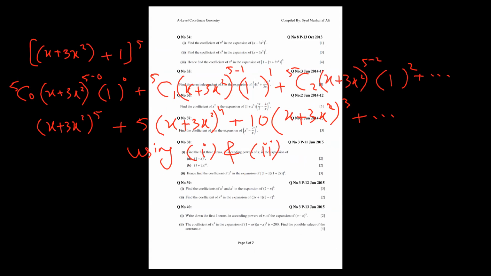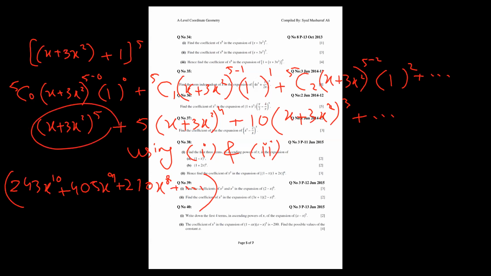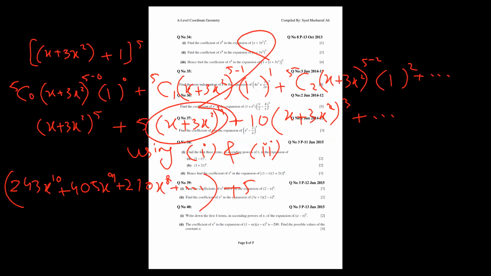And I have first 243 x to the power 10 plus 405 x to the power 9 plus 270 x to the power 8 plus dot dot dot. This answer I got from here. Now, plus 5, and this answer I got from the first term, which is only one term. And that term I got 81 x to the power 8 plus dot dot dot.